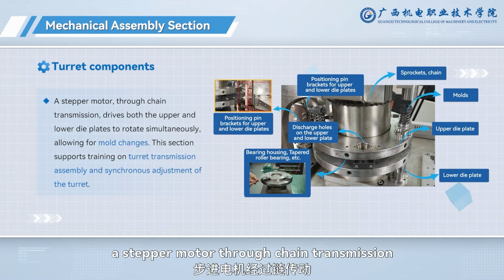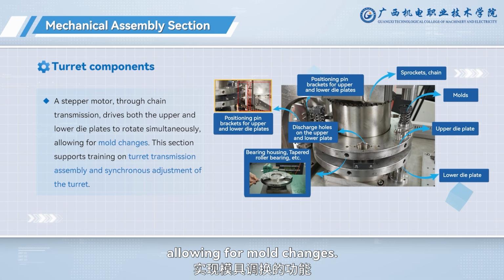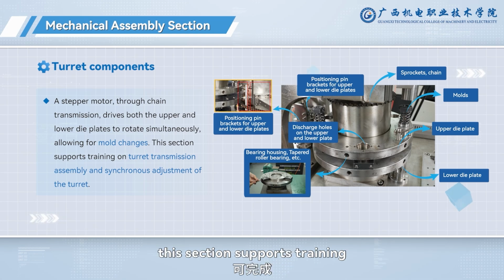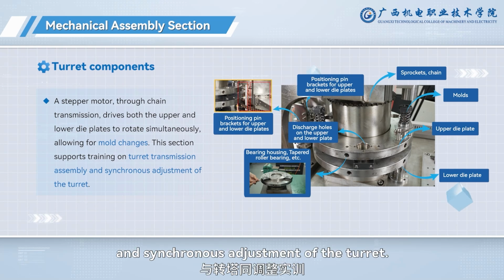A stepper motor, through chain transmission, drives both the upper and lower die plates to rotate simultaneously, allowing for mold changes. This section supports training on turret transmission assembly and synchronous adjustment of the turret.